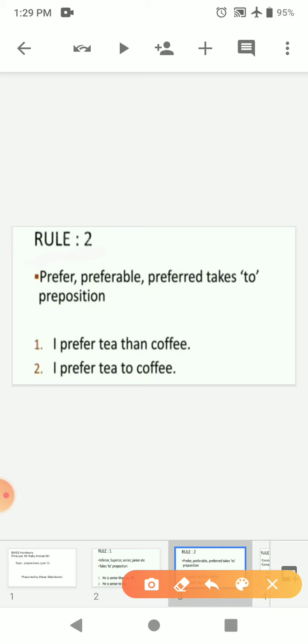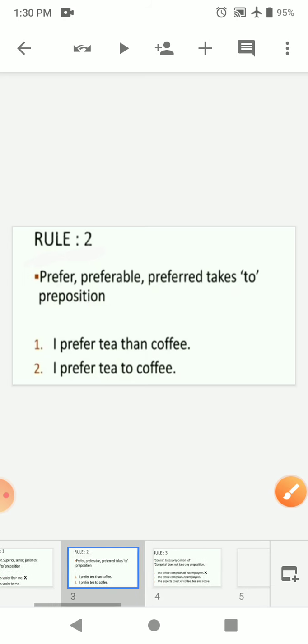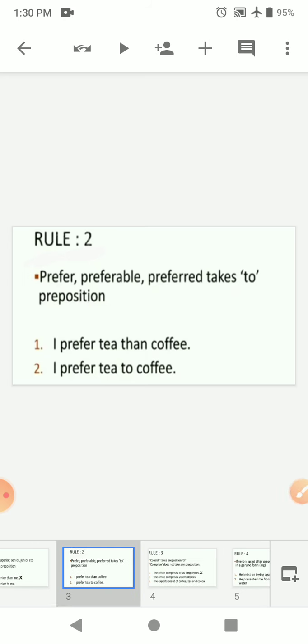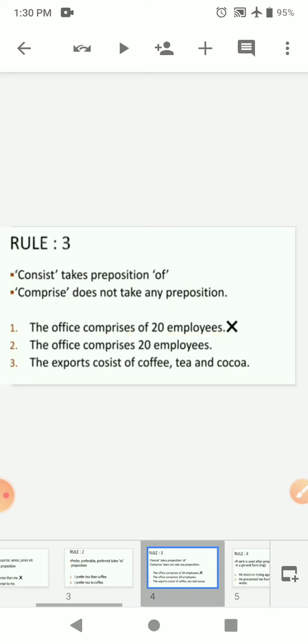So we say, "I prefer tea to coffee." We often make the mistake of saying "I prefer this than that," which is totally incorrect. Remember to use the preposition to.